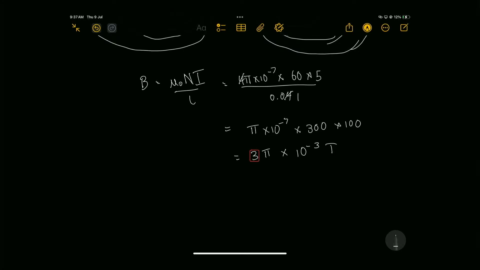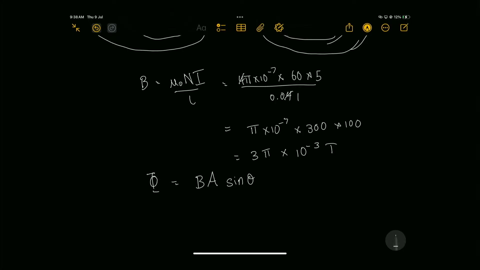In part 2, calculate the magnetic flux at the center of the solenoid. So the magnetic flux at the center of the solenoid, phi is equal to B times A times sine theta, right?